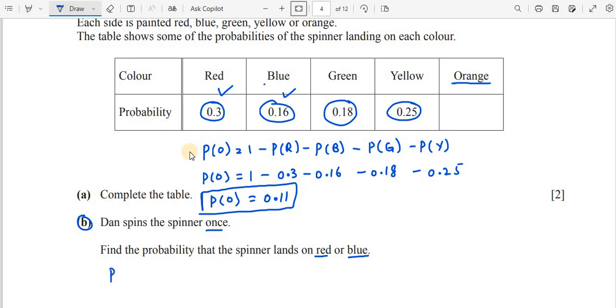So the probability of red plus the probability of blue is equal to 0.3 plus 0.16. Summing these values, we get 0.46. The final answer is 0.46.